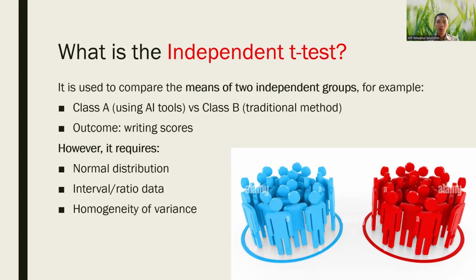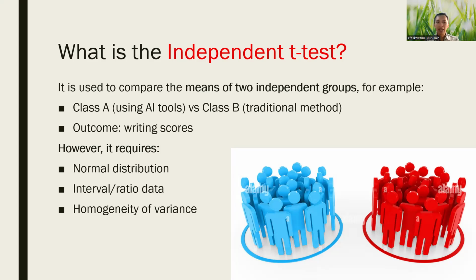For example, you would like to know whether the class that applies AI tools to learn writing will outperform or maybe have a better impact than class B that applies the traditional method for learning writing. So you will compare the post-test score between two classes by using independent t-tests.